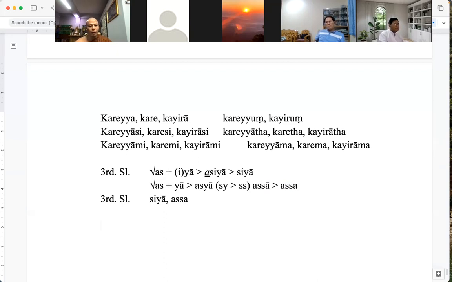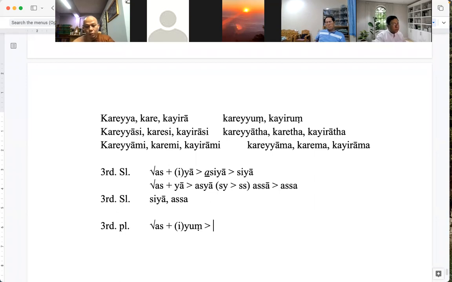So now for the plural. For root as, the first form is with inserted i and yo.